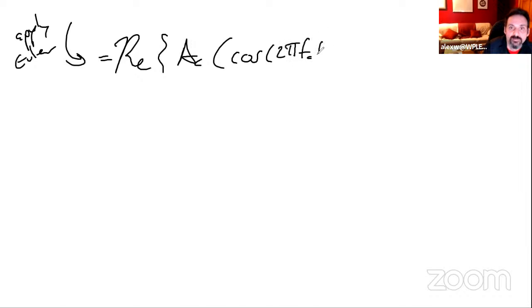So s of t is now equal to A_C cosine of 2 pi f_C t plus, okay. What we could do, we can generalize this a bit. So let's say we keep this plus, and I'm going to include some non-idealities, okay?